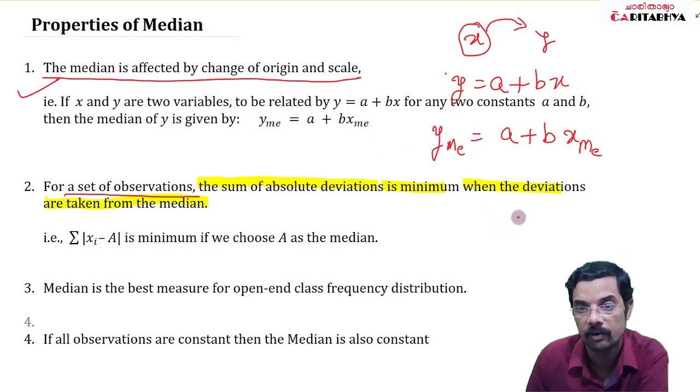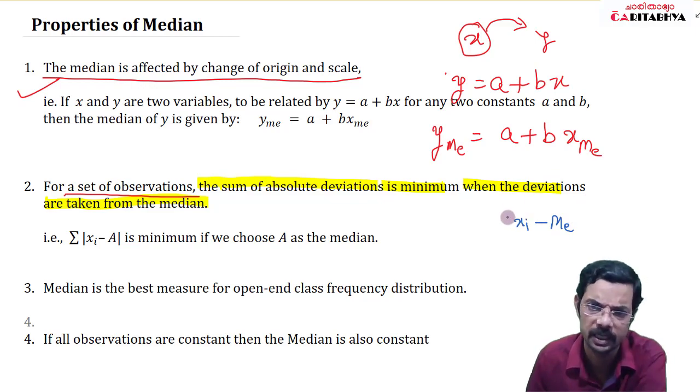Suppose we have a set of data, say xi. From each observation we subtract the median and take the absolute values and then their sum.